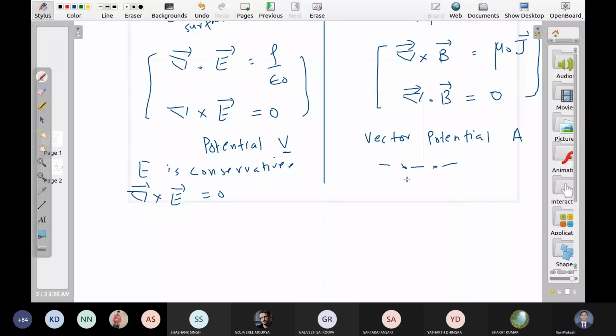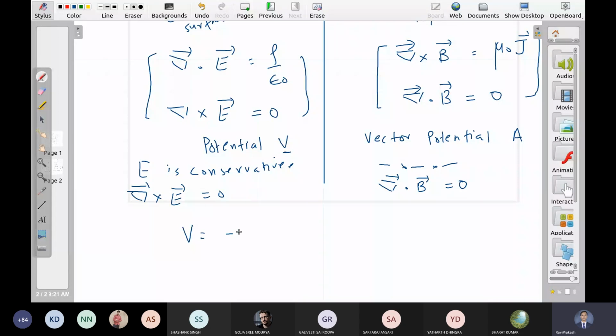What is that? Divergence 0. It means if divergence is 0, then also you can define a potential. It is not the same as electric potential, but it is equivalent to that. Once we define a potential, what is the connection between this and the electric field?